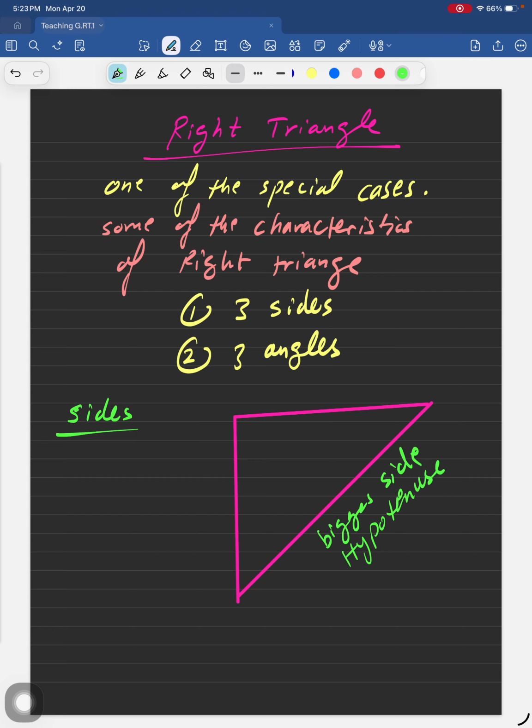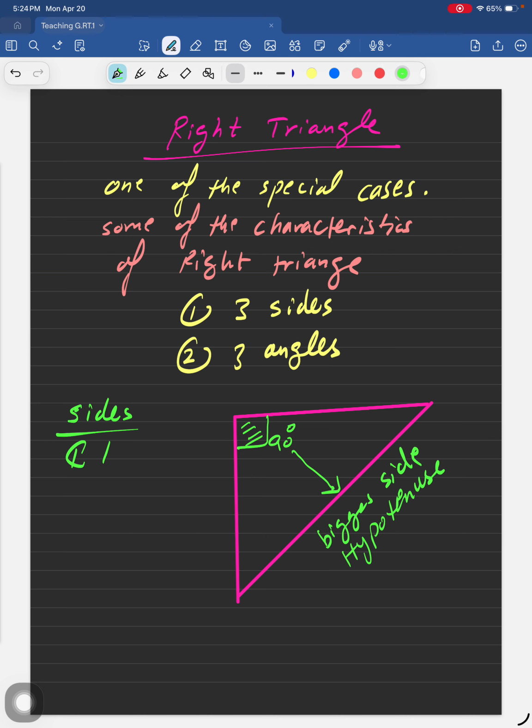And we know that this is the hypotenuse and the biggest side if we suppose that this angle is the 90-degree angle. The 90-degree angle is the opposite of the biggest side, which is the hypotenuse. So the sides will be like this.